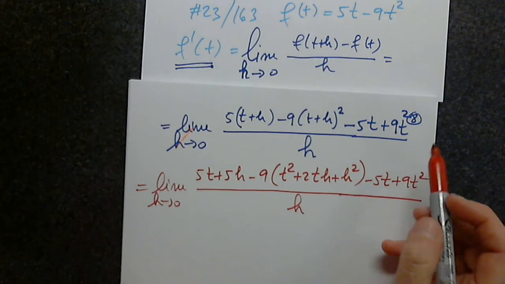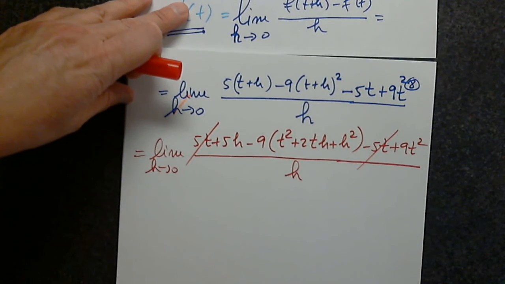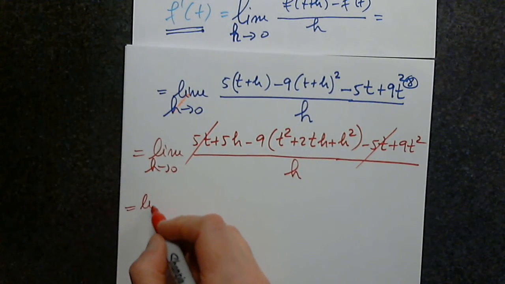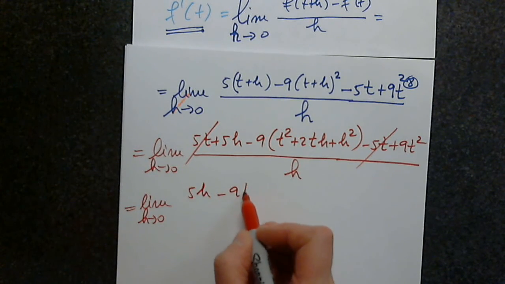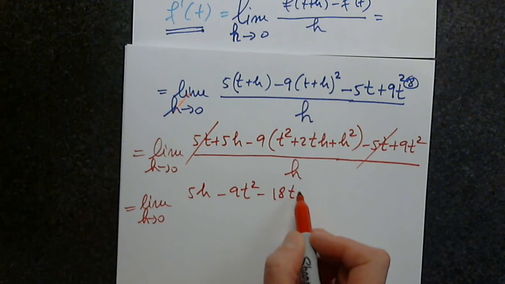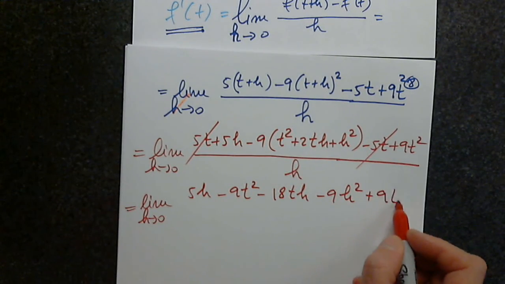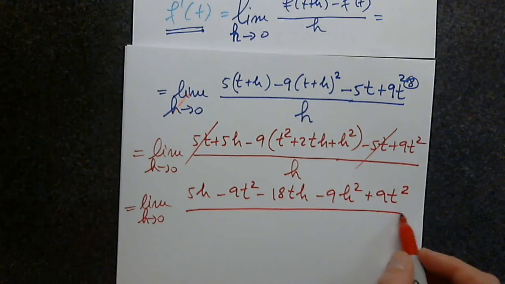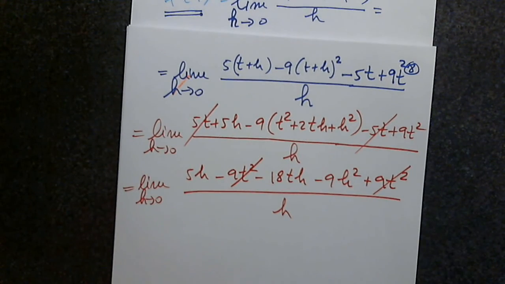So I can already get rid of these two, so I don't have to write them again. So this is the limit as h approaches 0 of 5h minus 9t squared minus 18th minus 9h squared plus 9t squared over h. And by plan, as expected, everything without h is gone.